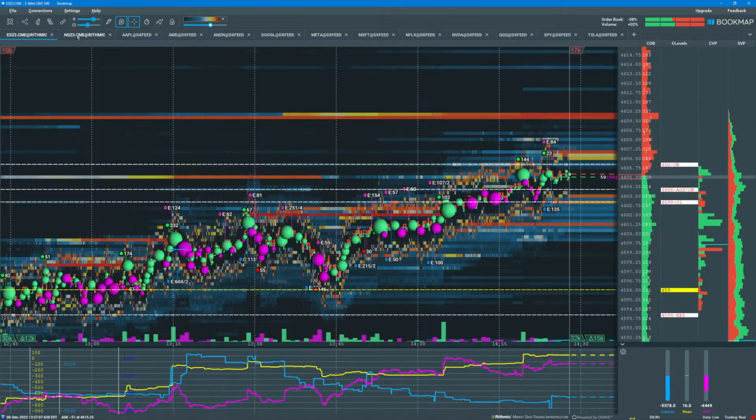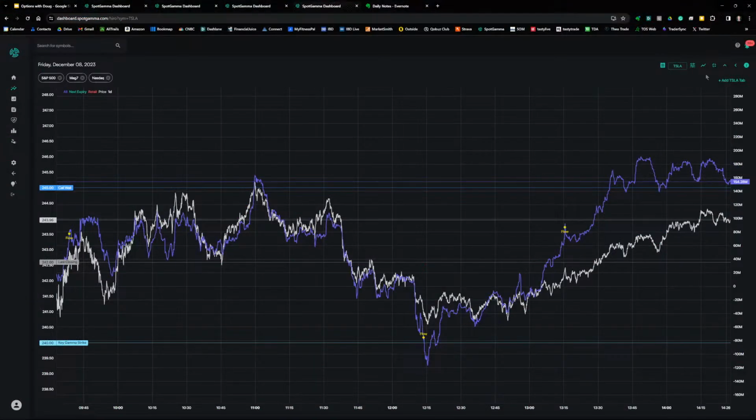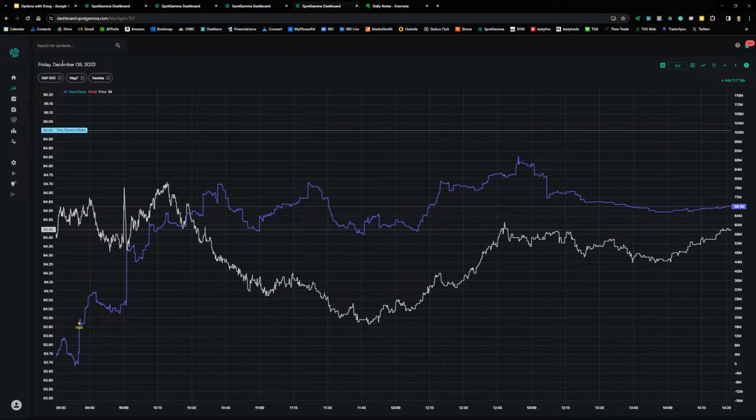All right, Shane wants to take a look at TLT. I don't have TLT in Bookmap. We'll take a look at that in Hero. So pretty choppy action here in TLT.